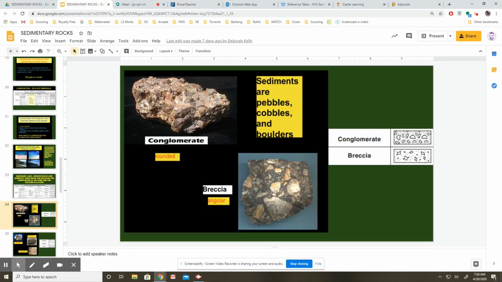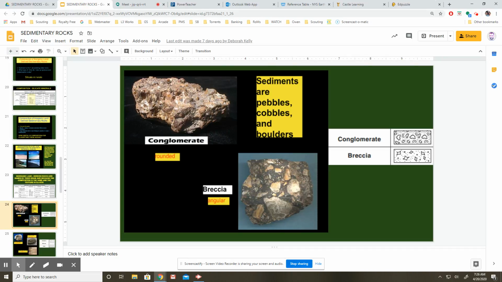Conglomerate, very large particles all glued together. Some cobbles and pebbles and boulders. Maybe not boulders, but probably some pebbles. Maybe a cobble. And we have breccia down here, which are large particles all glued together as well. Maybe here's a pebble and some larger and smaller particles.